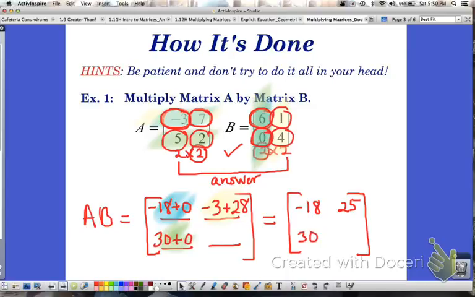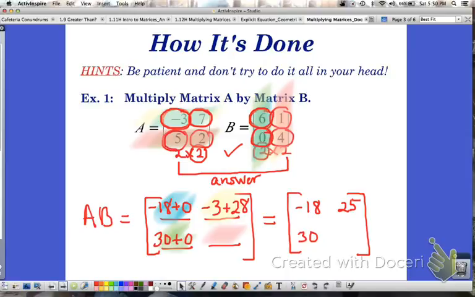All right, one last row and column. I'm running out of colors and it's starting to get messy, but doing the best I can here. Row 2 times column 2 now is going to go in this spot.